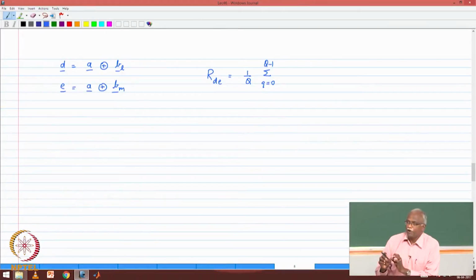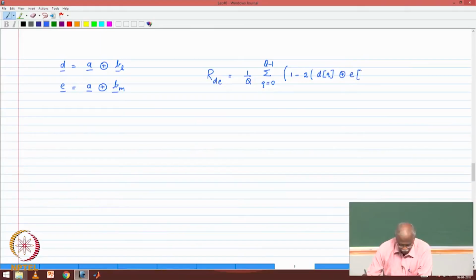The binary form is easier for us to work with, and if you don't mind, I will skip the first step of writing it in the bipolar form and go directly to the binary form. The binary form says 1 minus 2 times D of q exclusive OR with E of q plus k mod Q.